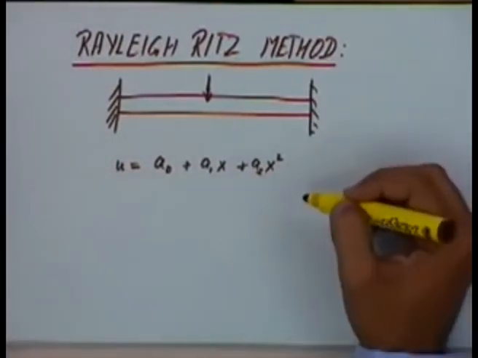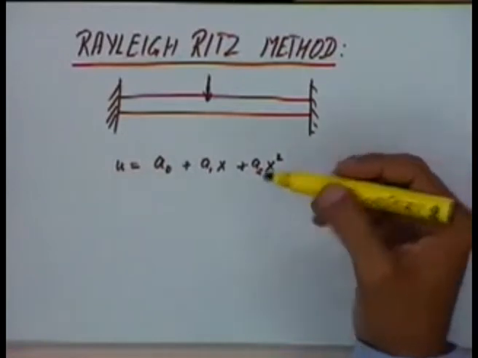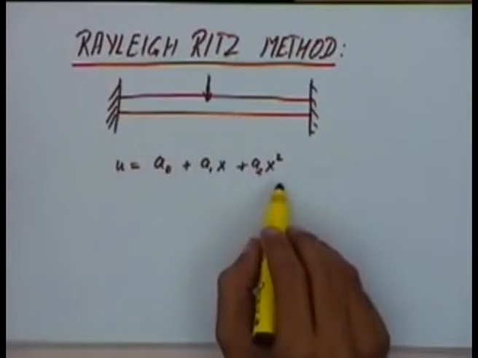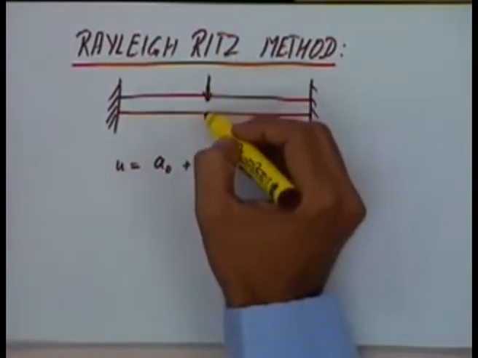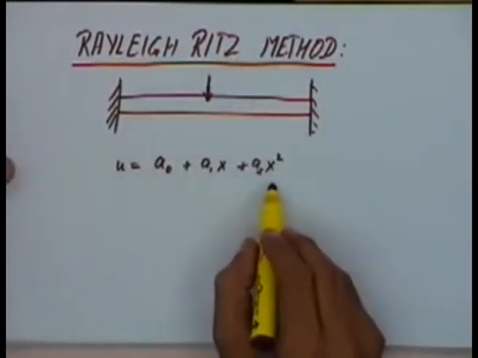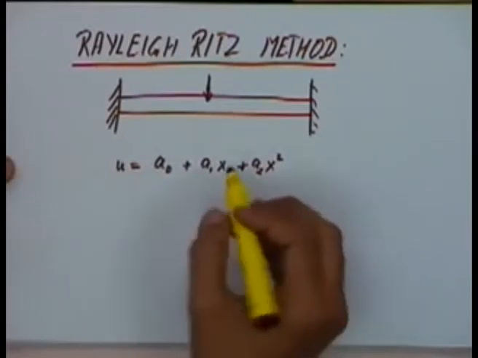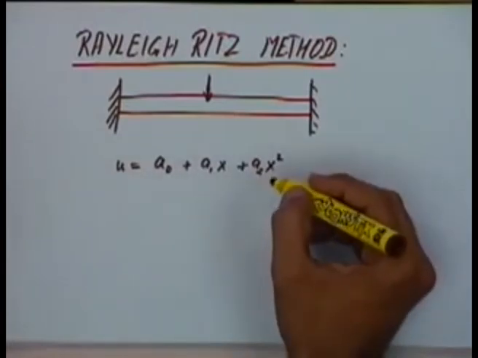This is only an assumption to start with. In fact, from your solid mechanics knowledge, you will probably know that this equation is wrong, because the deformation will not be a quadratic expression like this. But right now we are just making an assumption which may or may not be correct, that we will come to know later on.